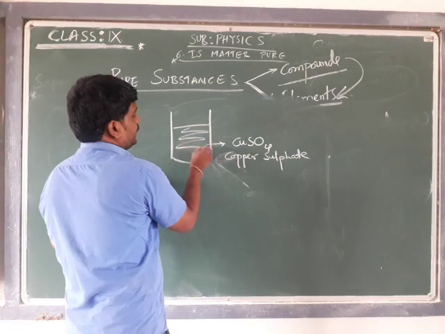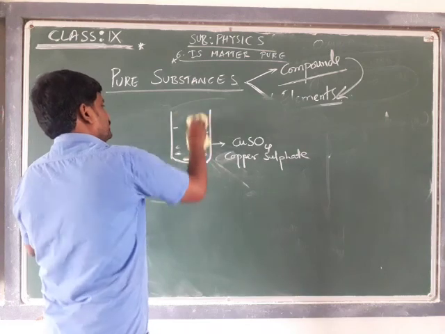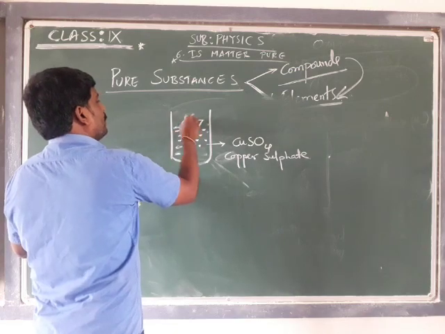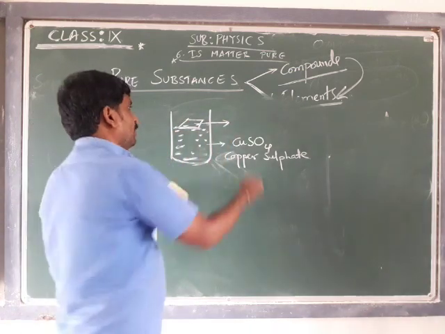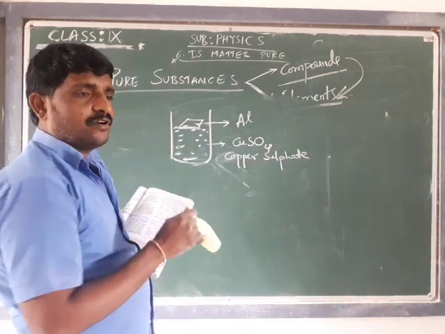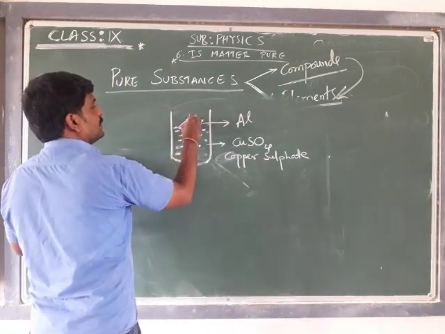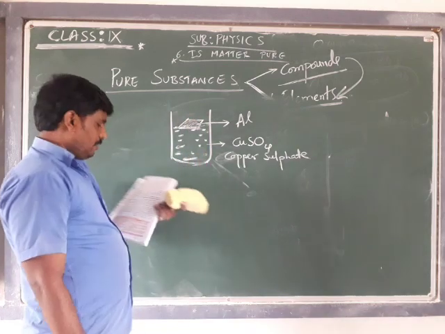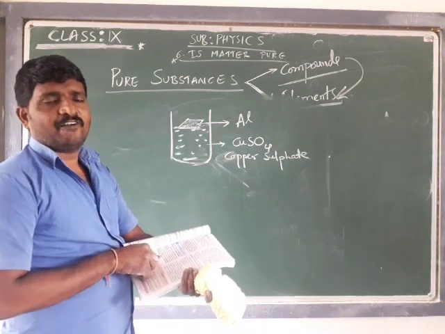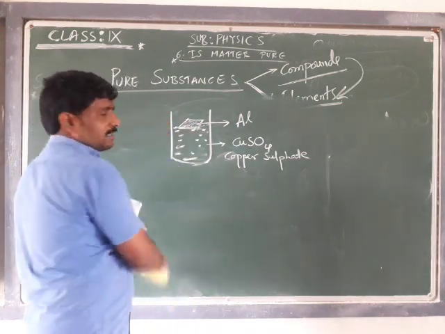The copper sulfate solution is taken in this beaker, and in this beaker I am going to drop a strip of aluminum foil. After some time, we will observe that a layer of copper is deposited on the aluminum foil. That's what we will come to know.